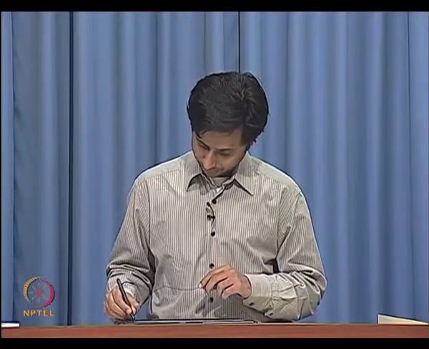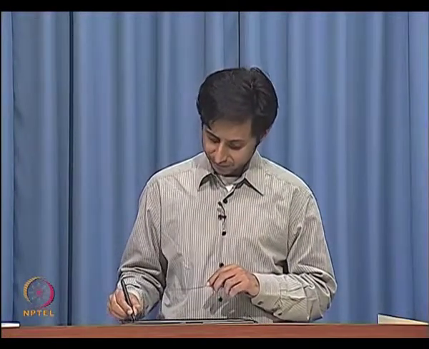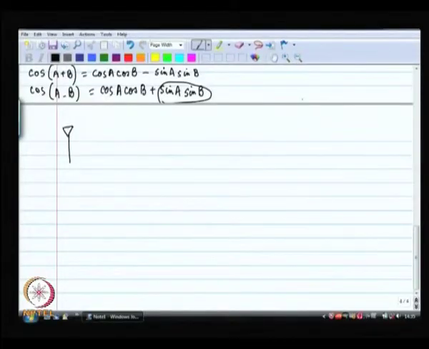Now, as far as the receiver is concerned, let us think about the receiver. The receiver is receiving something from the antenna.